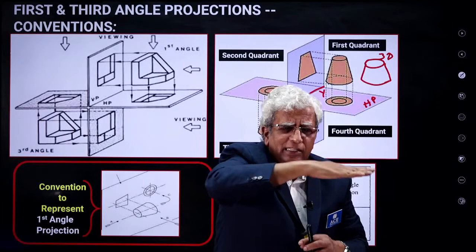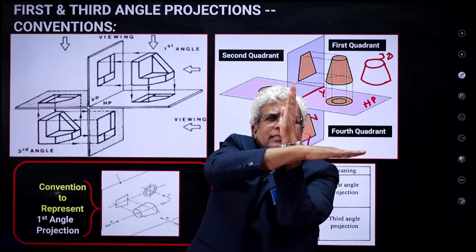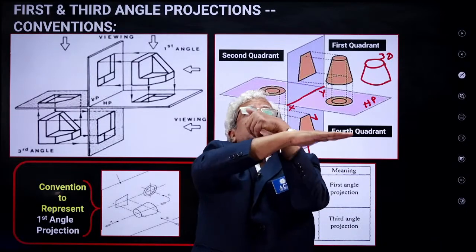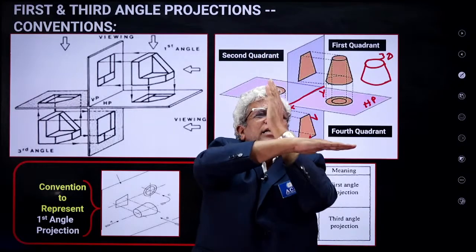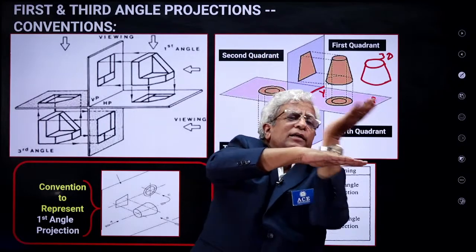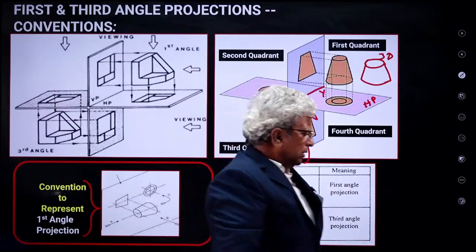Similarly, keeping this plane like that, if I place another plane like this, the region above HP is again divided into left of this and right of this, and below also is divided like this.